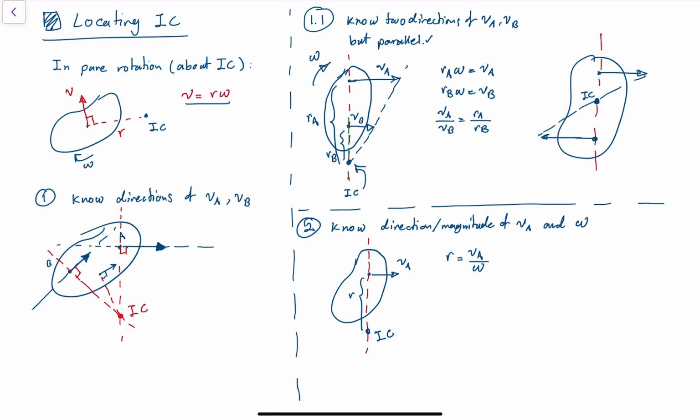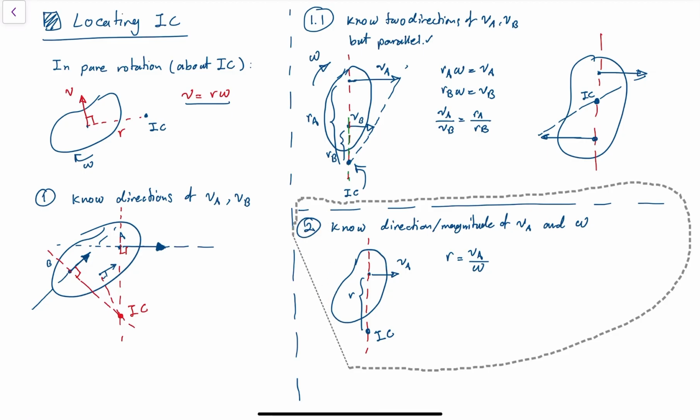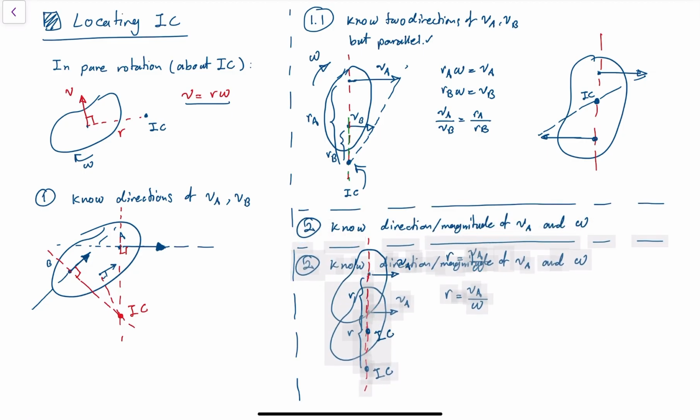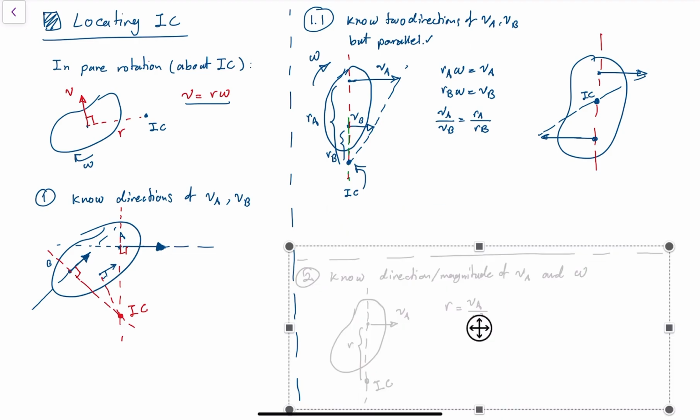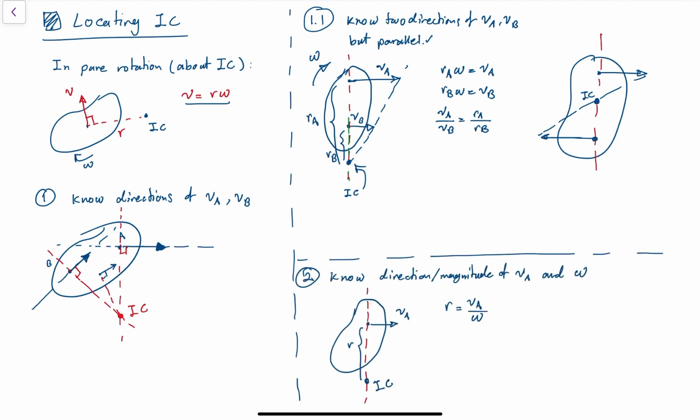Oh, one other thing, let me quickly mention here. We discussed in the last video that if the body is undergoing pure translation, so I'm going to draw a body here, and it is translating this way.